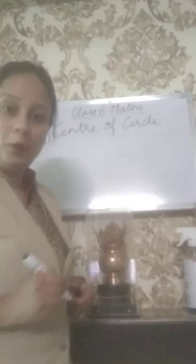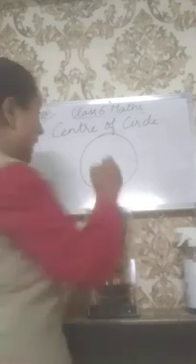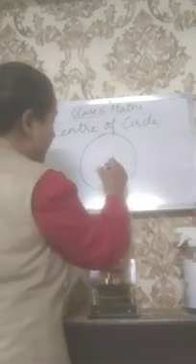The first concept is the center of the circle. Okay, the first concept is the center of the circle. So the point which is at an equal distance from all the boundaries of the circle, that is known as the center of the circle.